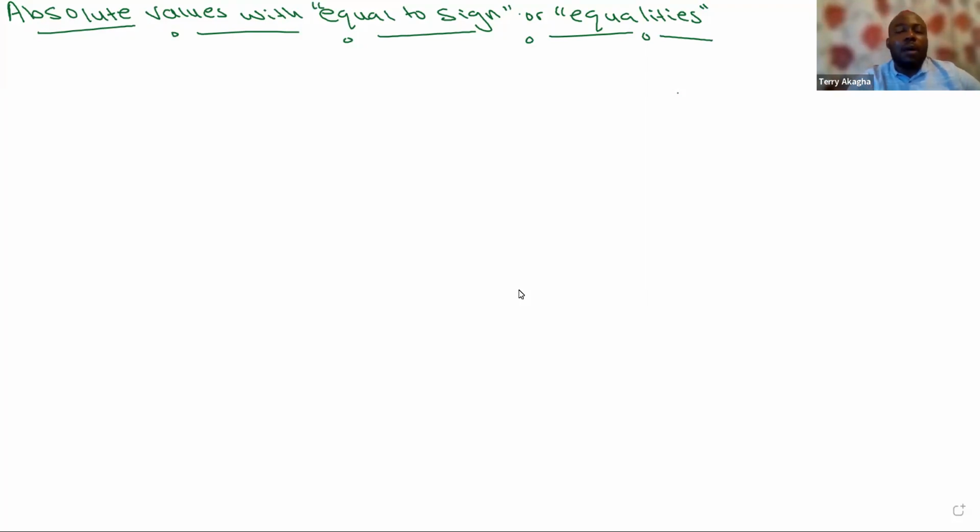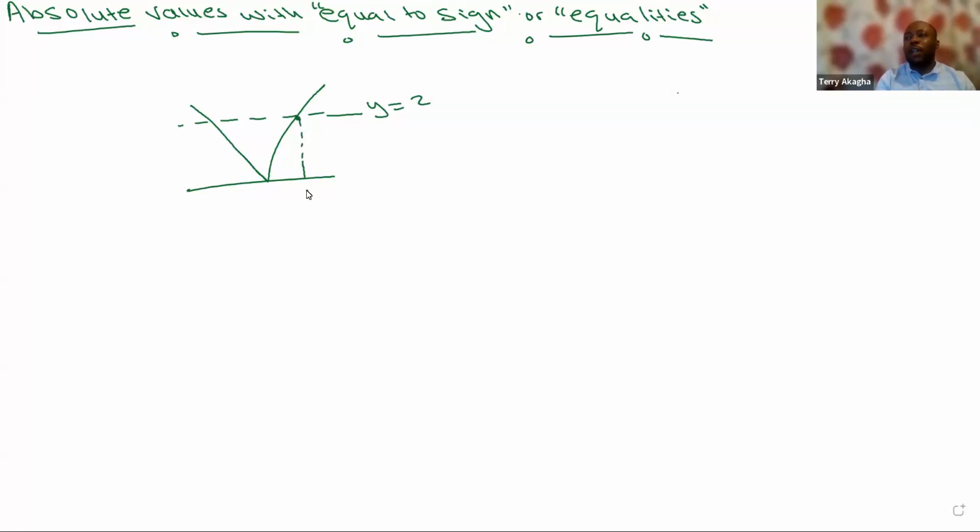Now, remember in the introduction to this series, I talked about modulus graphs, where I said, for instance, for a modulus graph, let's say y is equal to 2. We have a value here, a, and another value here, minus a.